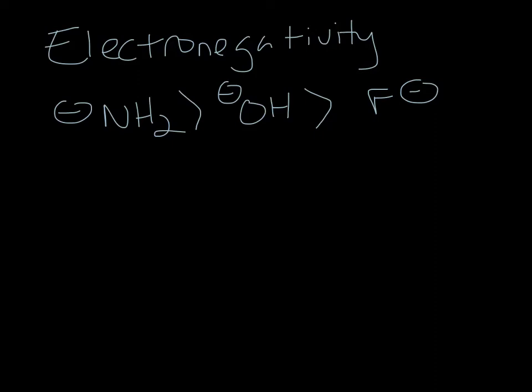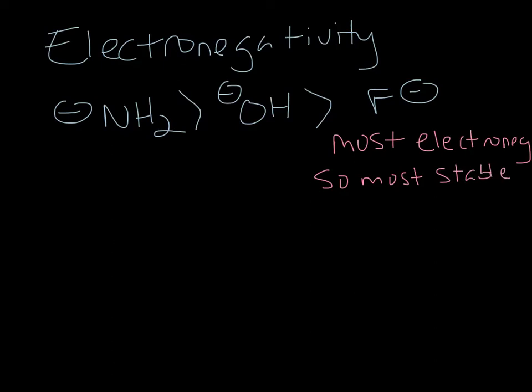So fluorine is the most electronegative atom, so it's most stable with a negative charge, and therefore the least reactive. Whereas the amide ion is fairly unstable with that negative charge, so it's going to be very reactive, and it will look to make a bond in order to become neutral.